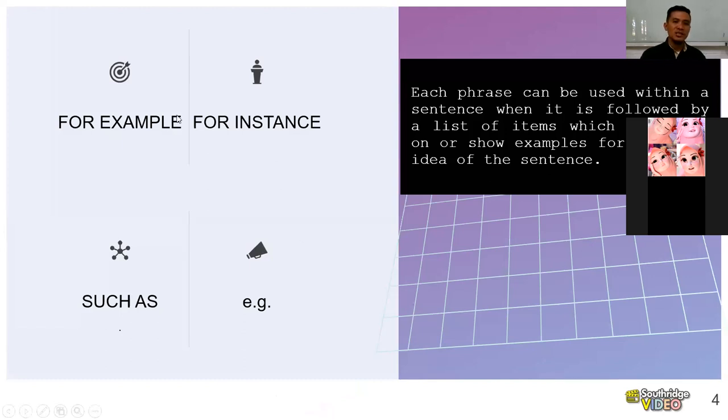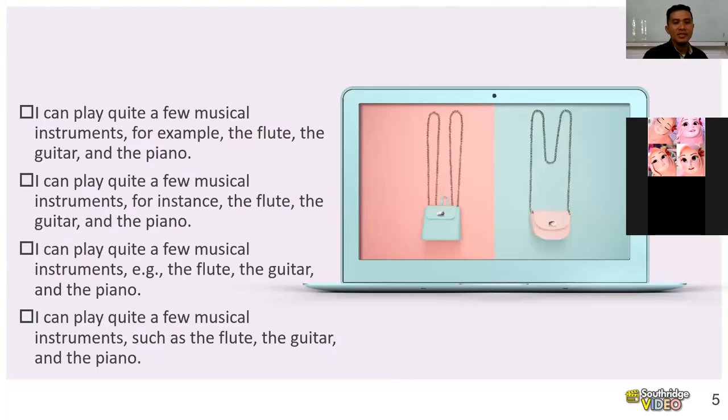They can be used in the middle of the sentence.